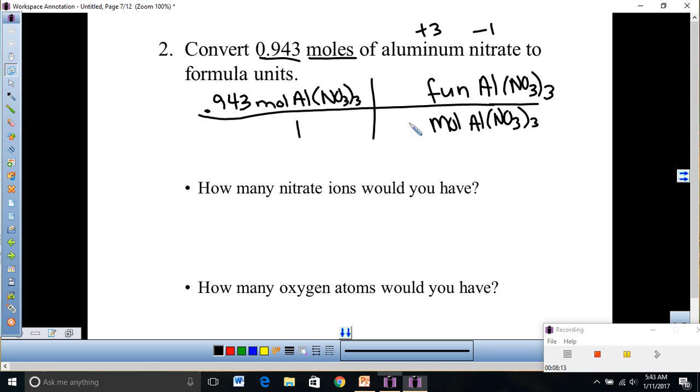Wherever mole is, he always gets a 1, and 1 mole equals 6.02 times 10 to the 23rd. Again, because they're both on top, I would be multiplying, and I'm going to get 5.68 times 10 to the 23rd formula units of aluminum nitrate.